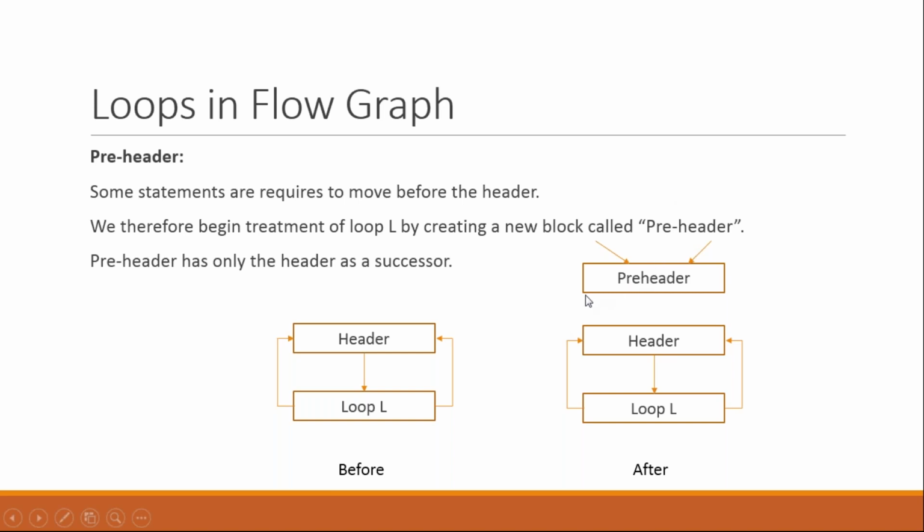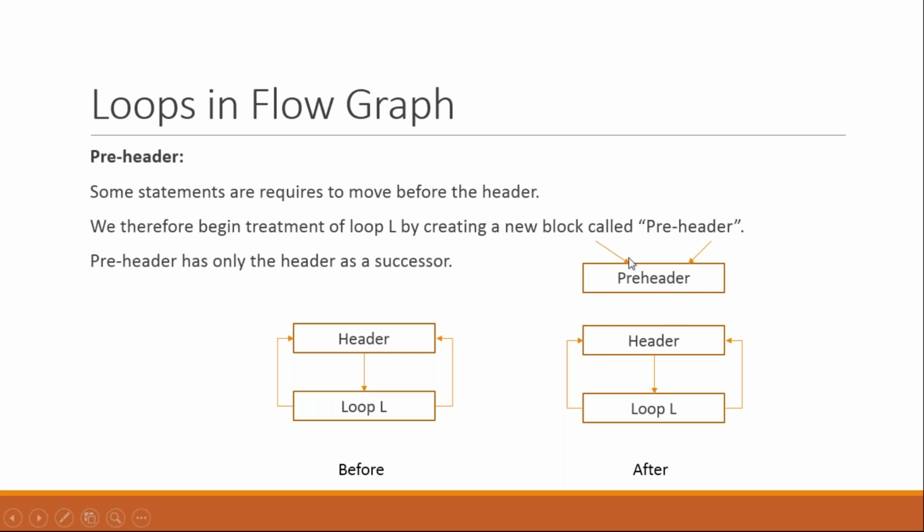You can say it is code motion as well. Some statements are required to move before the header, so that type of block is known as the pre-header for our given header. It is the only predecessor of the header, right? We cannot enter the header without the pre-header.